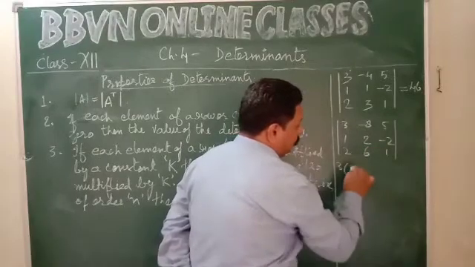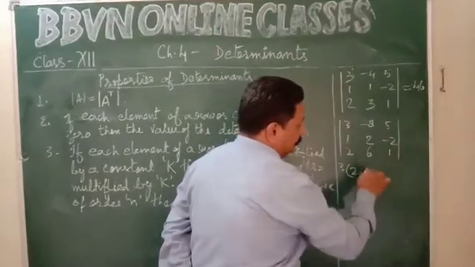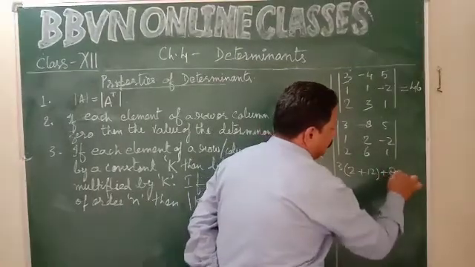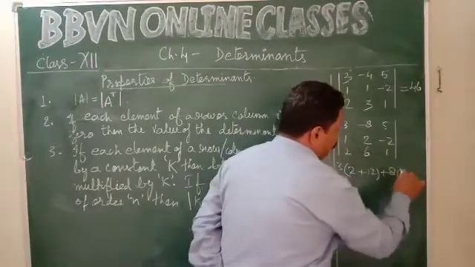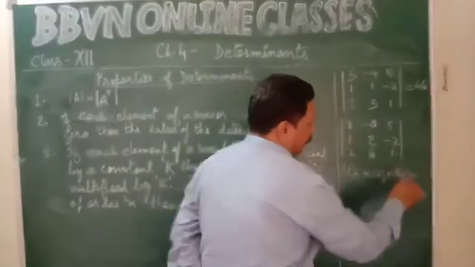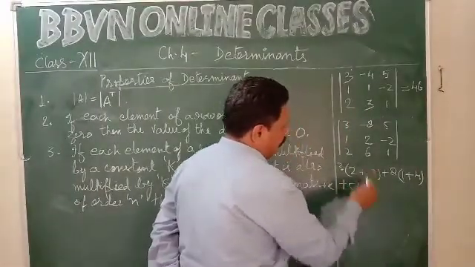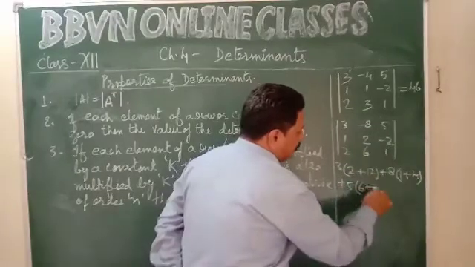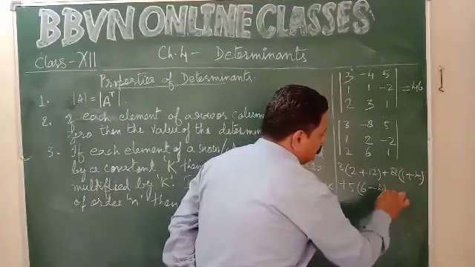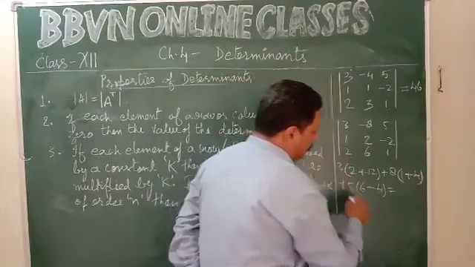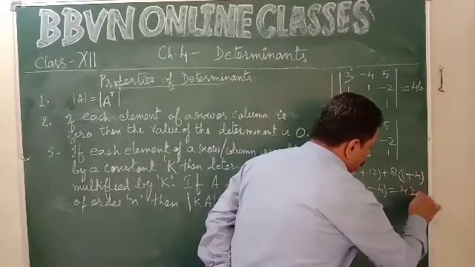3 into 2, minus plus 12. Minus plus 8 multiplied by 1 minus 4 becomes plus 4, plus 5 multiplied by 6 minus 4. 12 plus 2, 14. 14 into 3, 42.